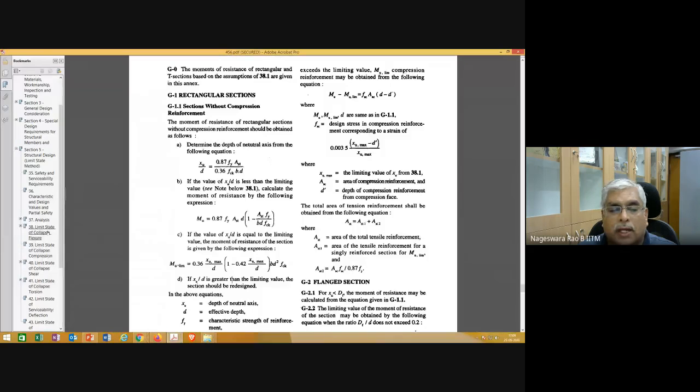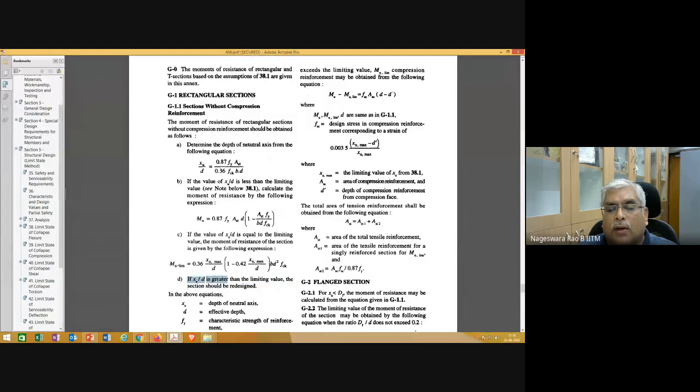We'll see that. Also if the strain in concrete is greater than 0.0035, then this is going to happen. But the code is limiting that strain in concrete in the extreme fiber in compression under flexure to the value 0.0035. So let's understand this.